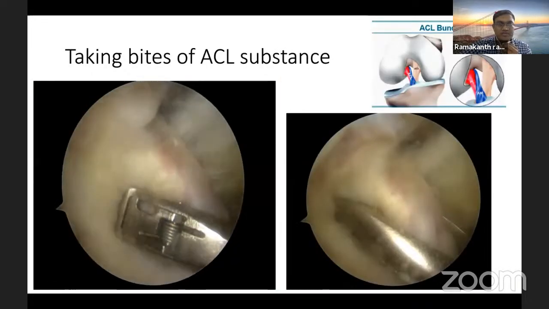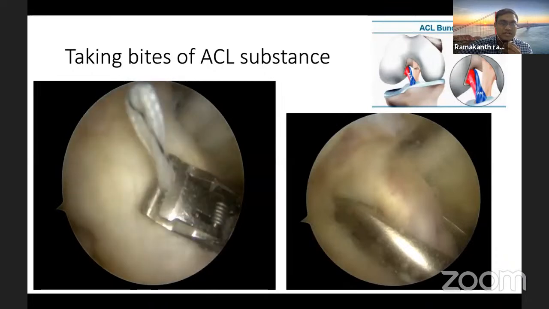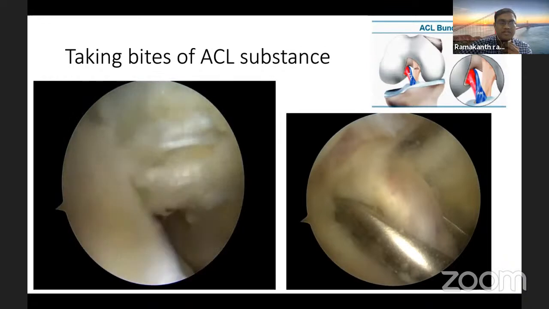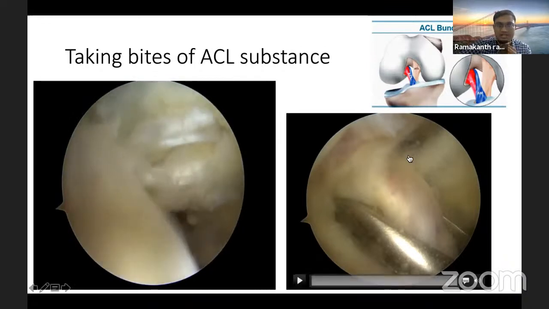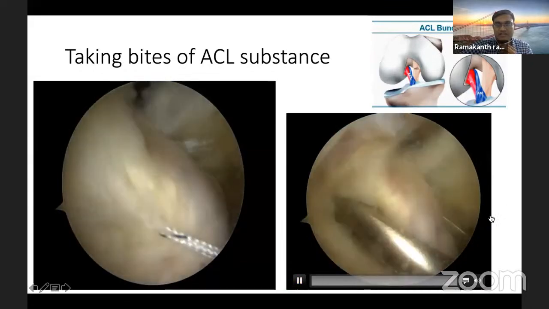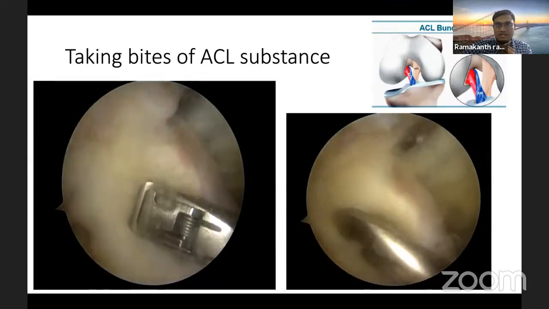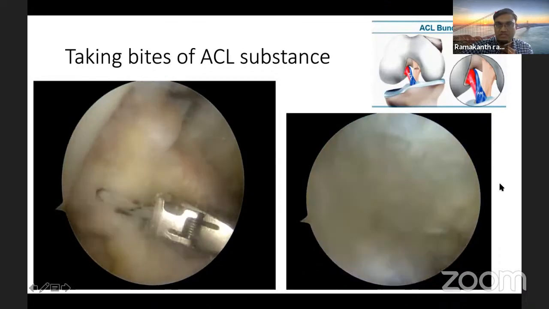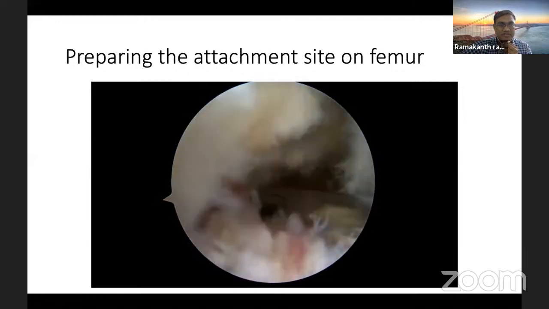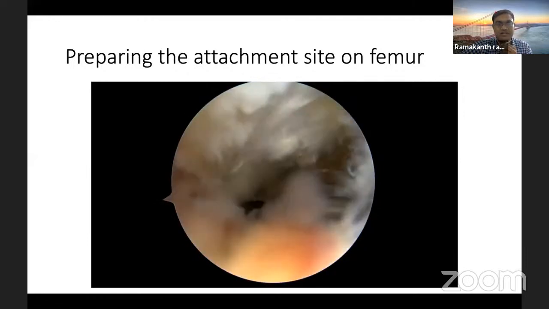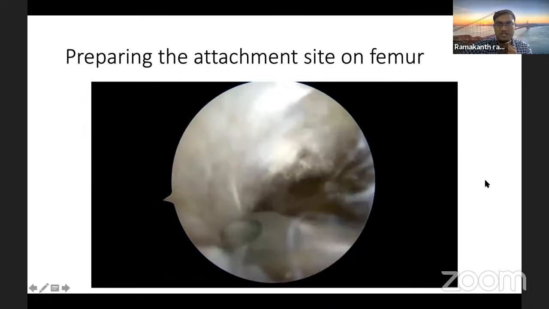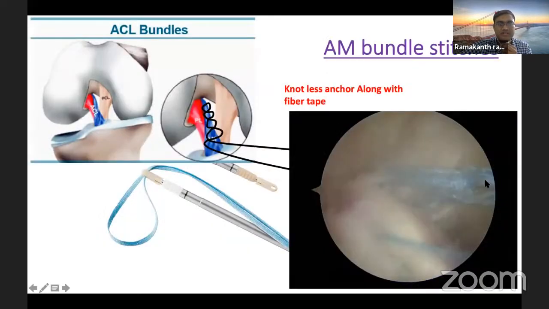So the repair was planned for this patient, and multiple stitches were taken with the help of the knee scorpion in the anteromedial bundle of the ACL. Then the remnant tissue at the bed was debrided for the reattachment, and a small curettage was done at the bed of the ACL.